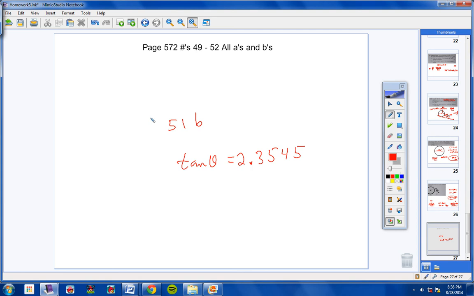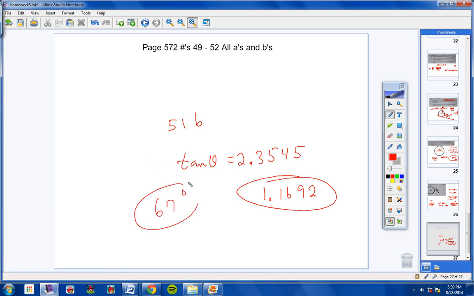I'm already in radians, I believe, so we're going to go to second tangent and then 2.3545, and the radians would be 1.1692. So there's your radians. Now I'm going to quickly change my mode to degrees, hit enter, and then second tangent 2.3545, hit enter, and we're going to get 66.98. So I'm just going to call that 67 degrees.